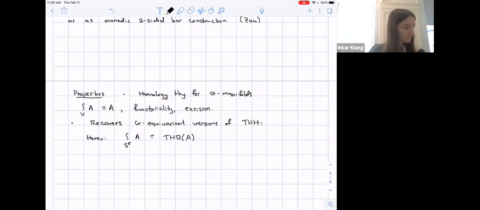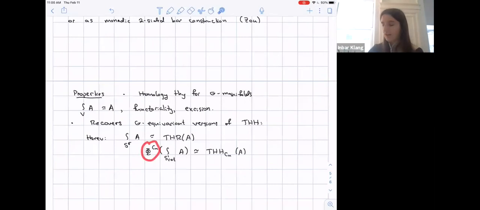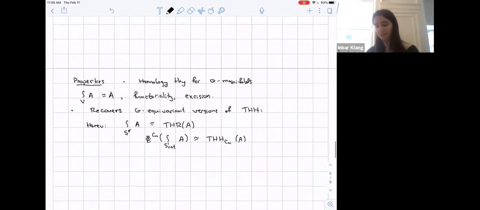And also, if you want to recover relative C_n relative topological Hochschild homology, you can take the geometric fixed points of equivariant factorization homology, where the manifold is the circle with C_n acting on it by rotation.